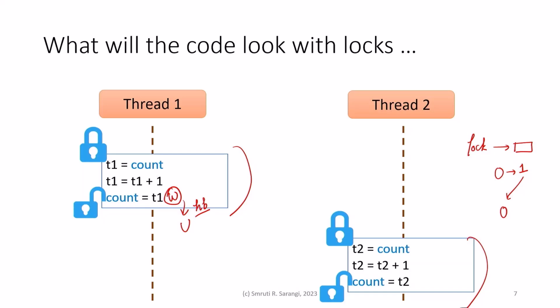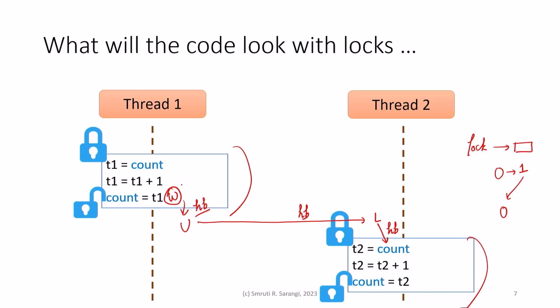Then when you lock, clearly you need to unlock first before locking. So there is a happens-before relationship between the unlock and the lock. And when you read the value of count, you need to lock first and then read. So again, there is a happens-before relationship between the lock acquire and the read.